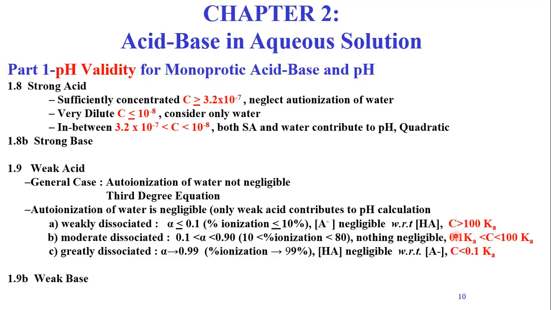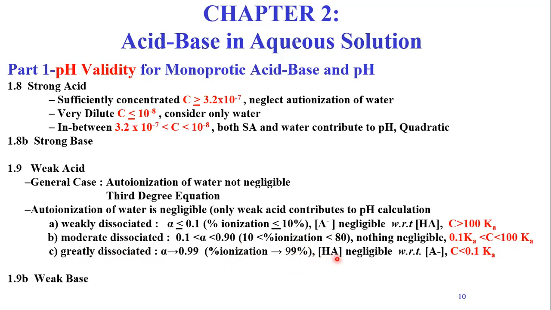And there's this extra part, and that is another limitation, and that is when the acid greatly dissociates. In a sense, that's when the percent ionization approaches 99%, or that this acid, it's a weak acid, but it's dissociating so much as if it's going to be a complete dissociation, thus acting like a strong acid.